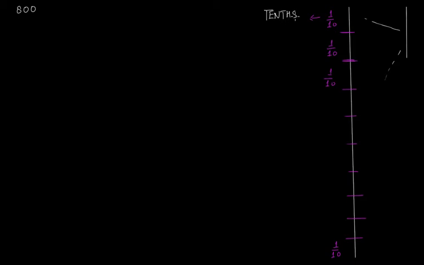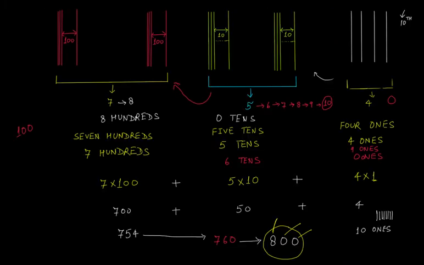So if I say that after this number 800, that is after having discussion of all these line segments, we have reached to this point, that is we are having 800 line segments. How? In such fashion.